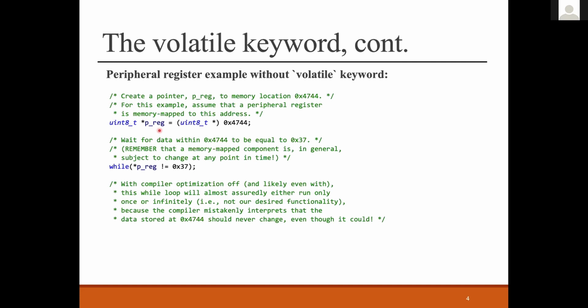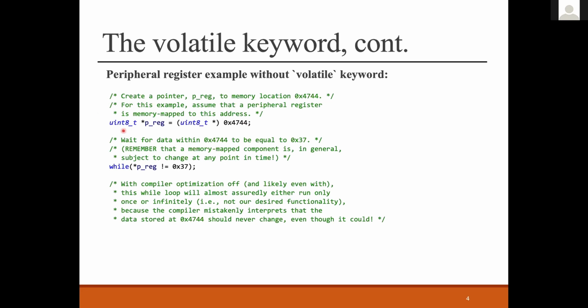And let's set that value equal to the memory location hex 4744. The syntax I used in front of it is not strictly necessary, but it specifies that this constant value 4744 should be interpreted as an address to an unsigned 8-bit value, so this is a little bit more precise.